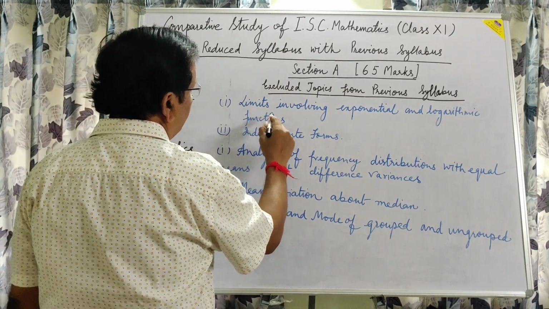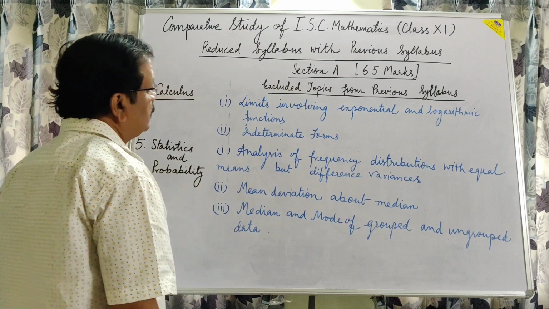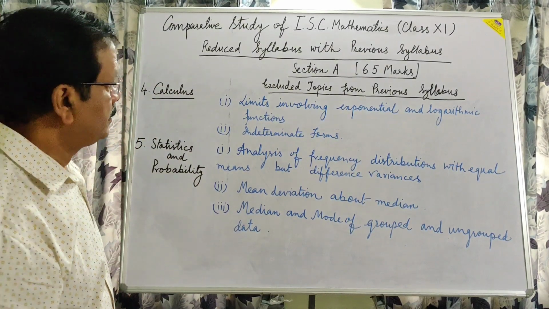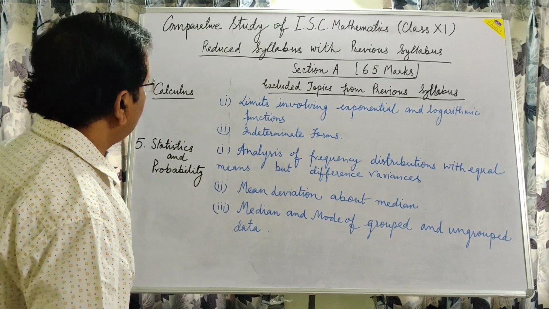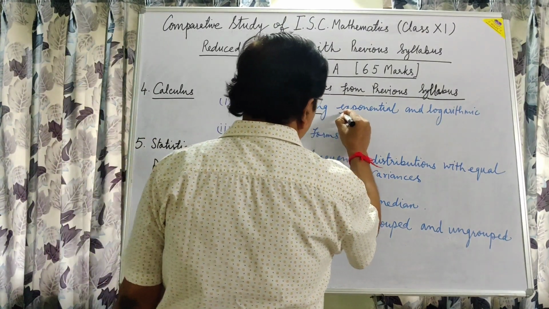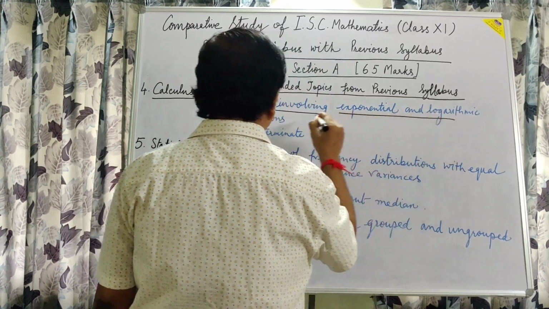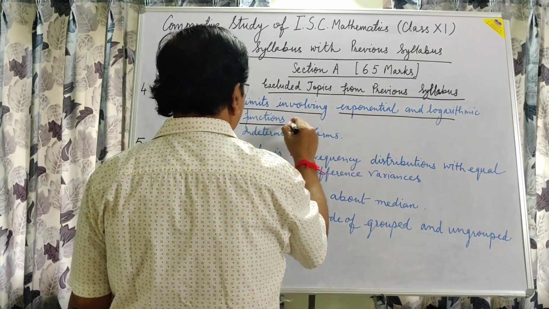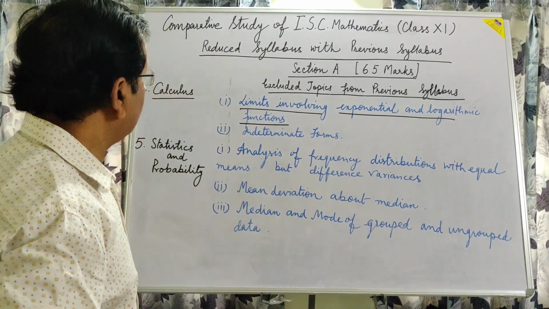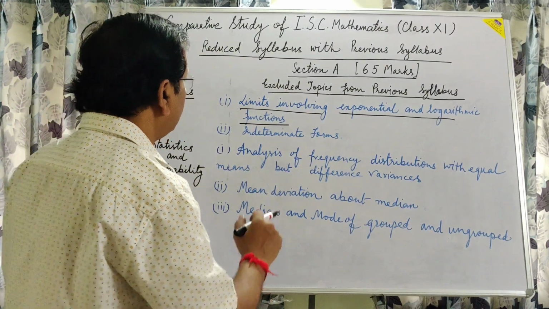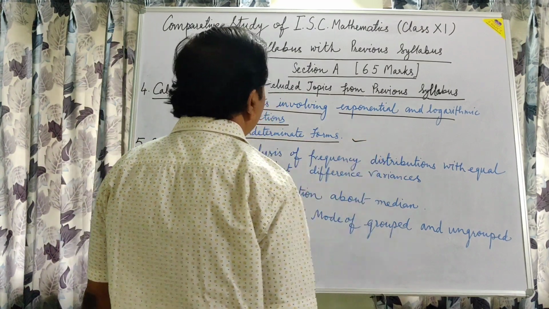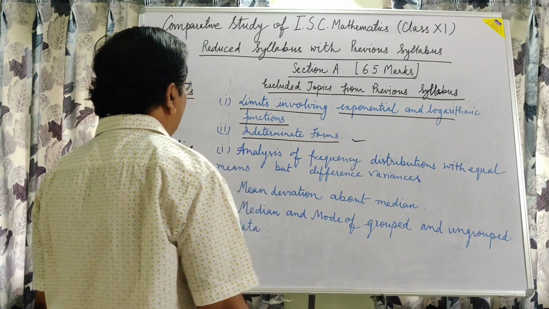We are studying limits and derivatives, 2 chapters, but from the chapter limits there are two subtopics, that is limits involving exponential and logarithmic function, excluded from the previous syllabus. And second subtopic from the chapter limits, indeterminate forms, excluded from the previous syllabus.